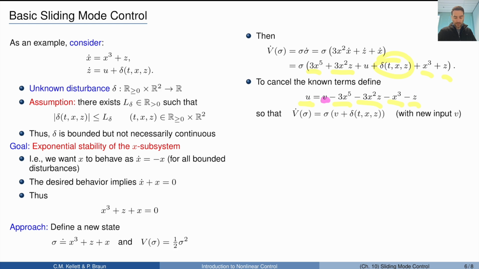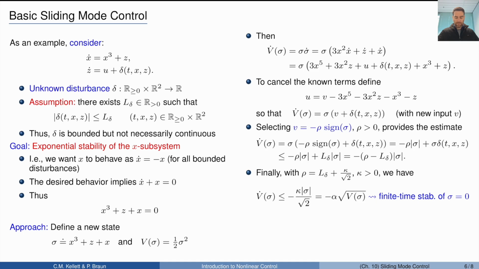If we plug that in, then we simply are left with this expression here, which we want to ensure is strictly decreasing and satisfies the conditions of a Lyapunov function characterizing finite time stability.